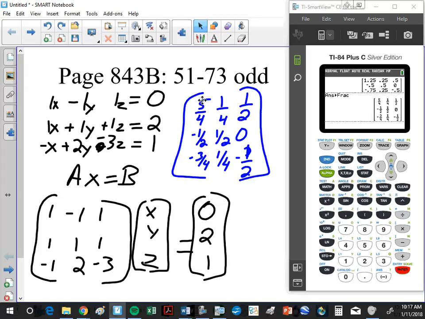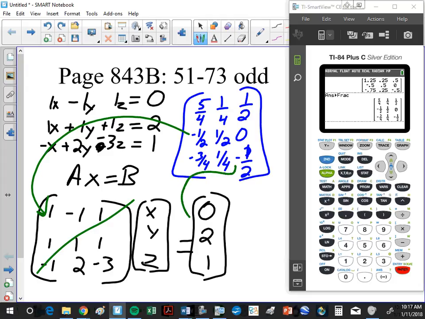Okay, and then I need to multiply this by that, and the answer is I3, and I3 times x is just x, so essentially that cancels. And then I need to multiply this. Does it matter what side I multiply it on? If I put it on the left, I get 3 by 3 times 3 by 1.